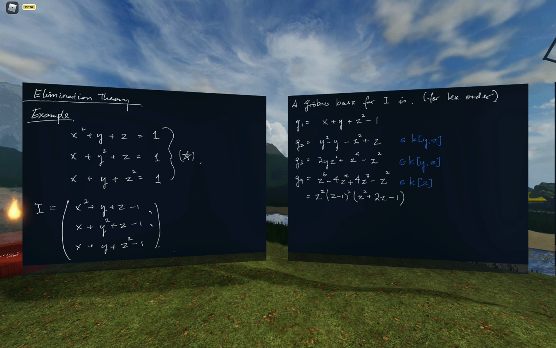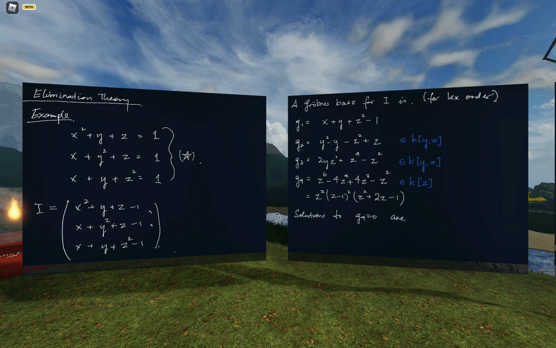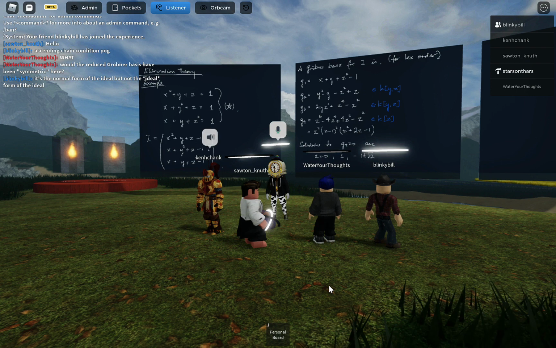There you go. So you factorize it, and here you can solve this, right? So solutions to G4 equals 0 are, there are a bunch of them. They're going to be z equals 0, 1, and whatever the roots of this quadratic thing are, right?